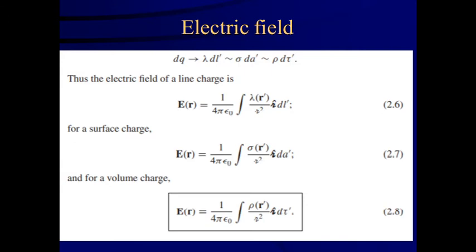And if the charge is continuously and non-uniformly distributed over some volume, then this electric field can be obtained by taking the volume integration of rho r' upon r square r caret d tau', 1 upon 4 pi epsilon 0.